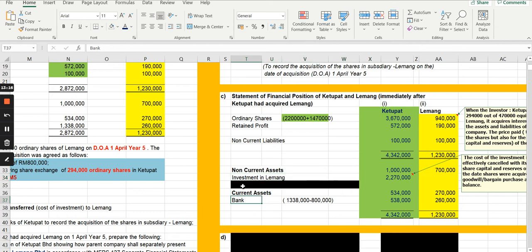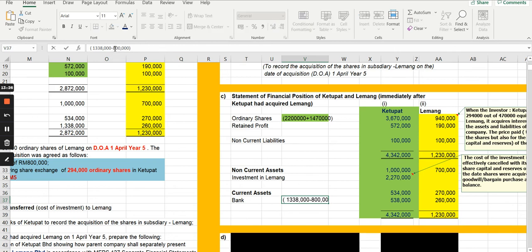Okay, next we go and look at a few items. Current asset. This reduction of 800,000 is due to the cash payment that you transferred as your consideration transferred. Same goes here. This was also due to the consideration transferred, right? Okay, done. You got 538.